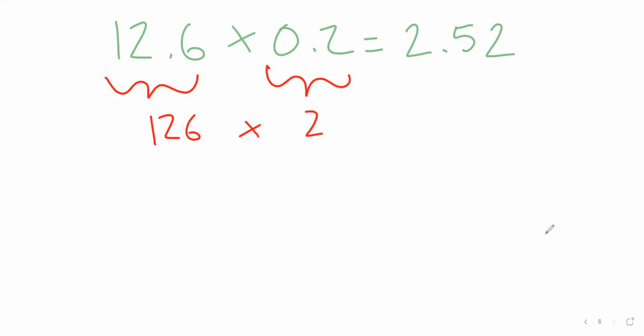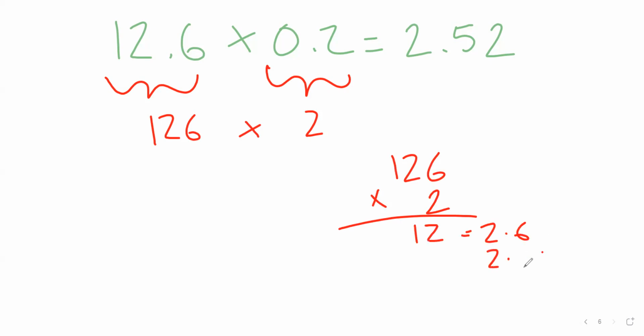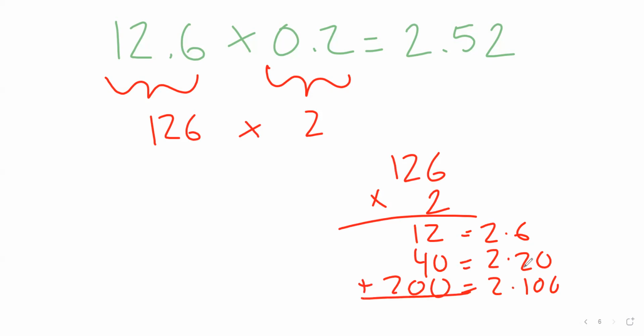We multiplied those, so 126 times 2. Let's see, 2 times 6, that equals 12. 2 times 20 equals 40. And then 2 times 100 is 200. And when you add that up, you get 252, right?